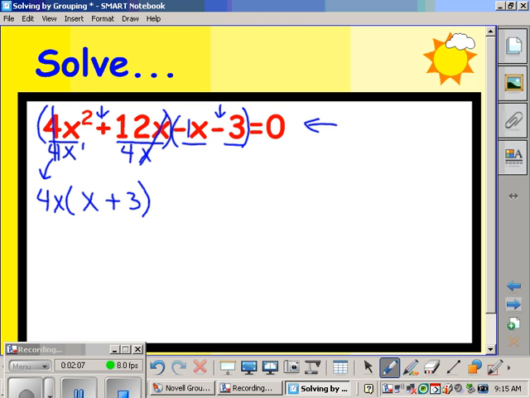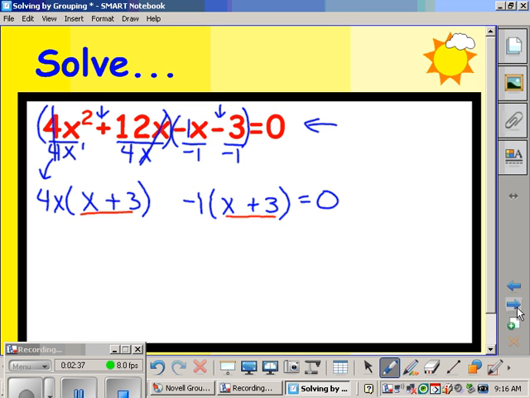So the greatest common factor, because there is no common factor of the x and the 3, but you can factor out a negative 1, which will change the signs to give you matching binomials to allow you to actually factor using the grouping method. So let's bring the negative 1 to the outside. And when we simplify the binomial, we'll end up with an x and a positive 3. So notice our binomials match.